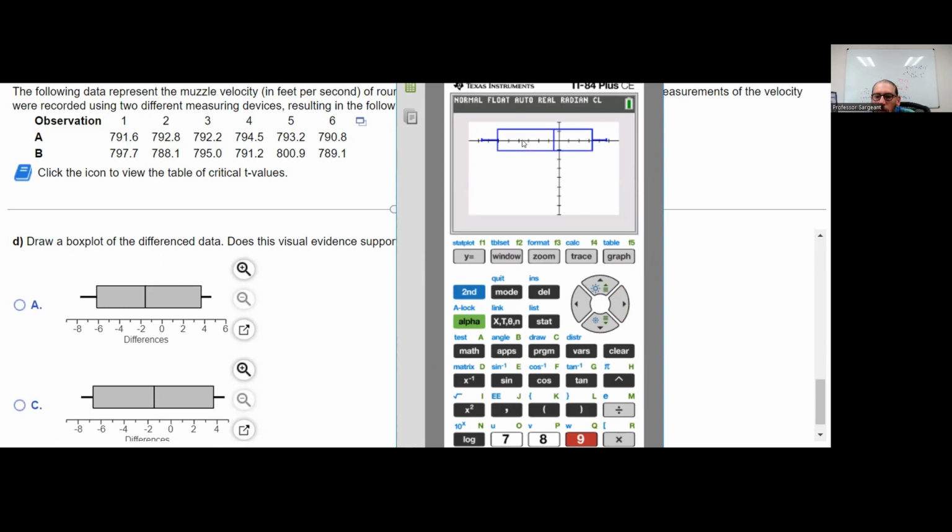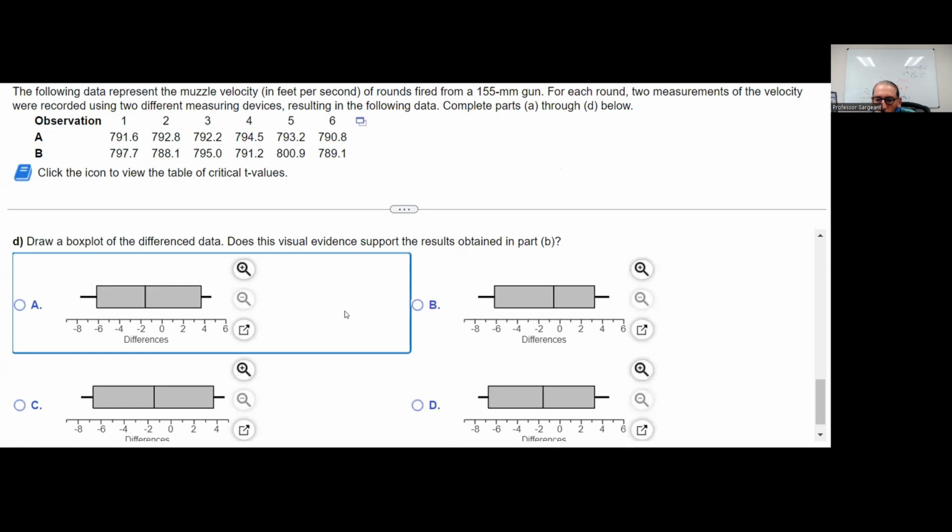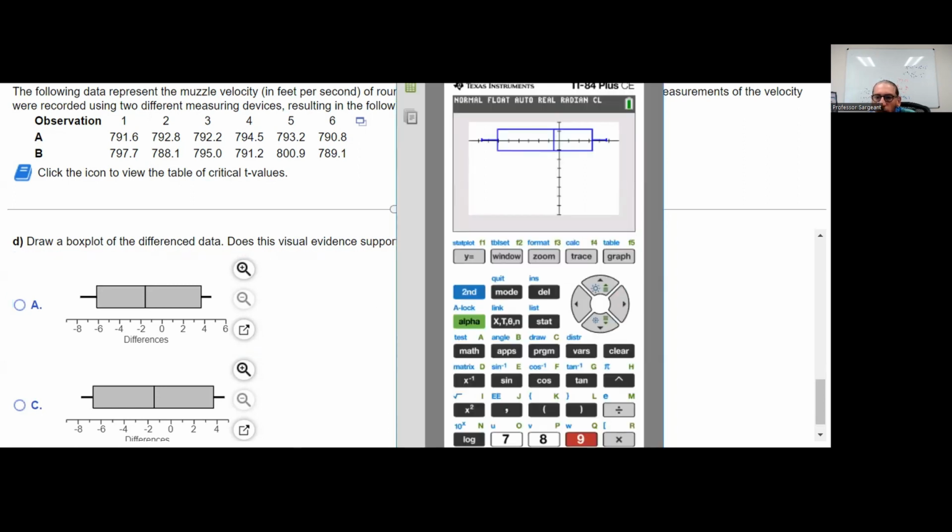1, 2, 3, 4, 5, 6, 7, 8. These all have a left tail going pretty close to -8. Choice C looks really symmetric to me.